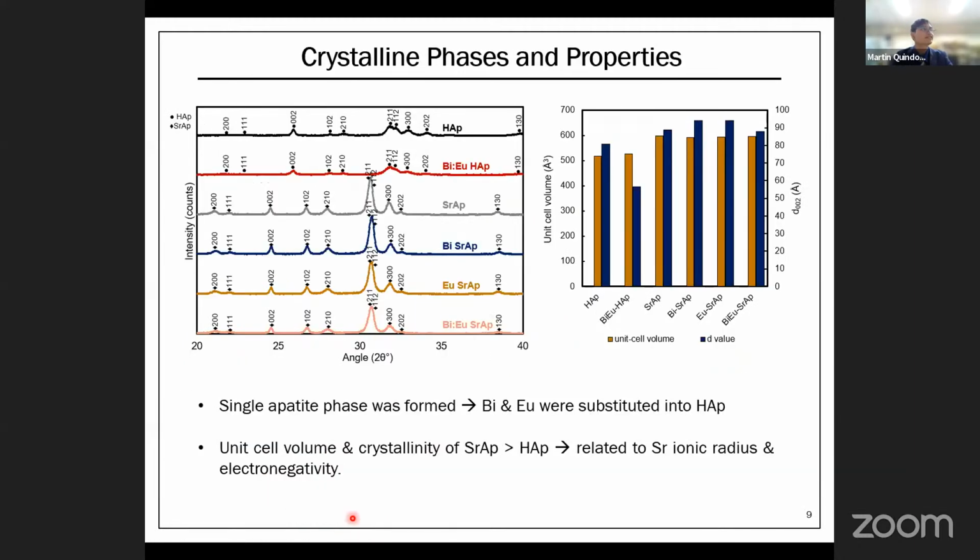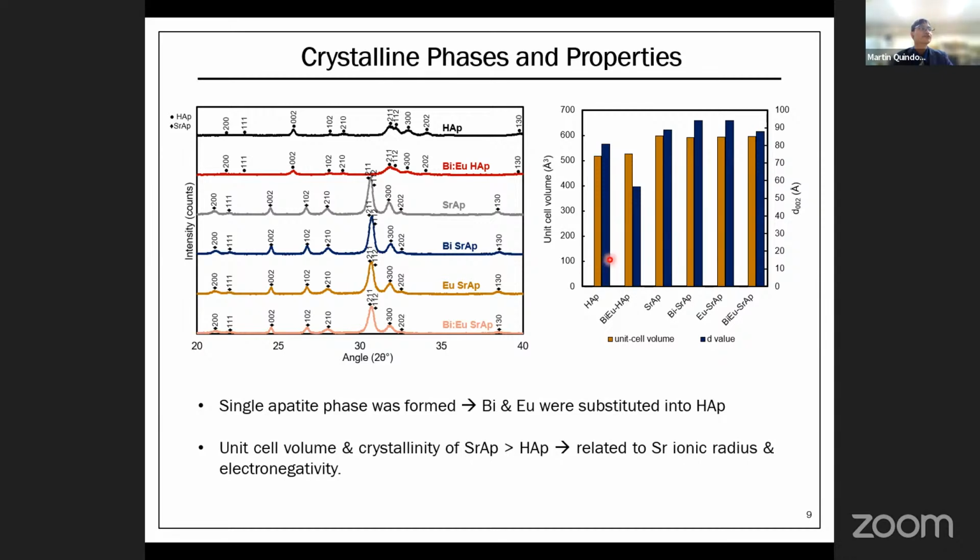So here's the XRD result. So we can see here from the XRD that a single apatite phase was formed. And we see that even with the addition of bismuth and europium, the XRD still showed the apatite phase, which means that the Bi and Eu were successfully substituted into the hydroxyapatite and strontium apatite.